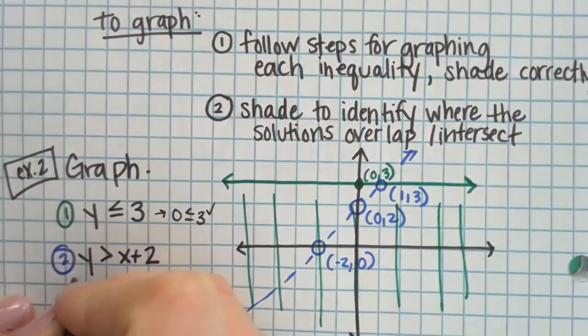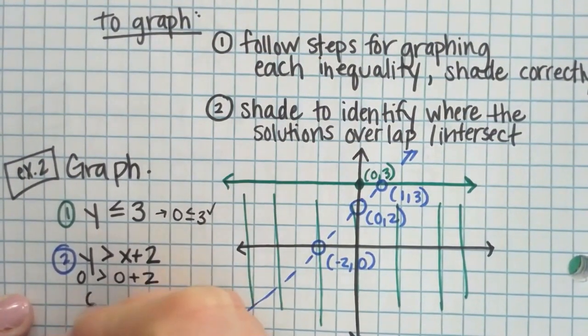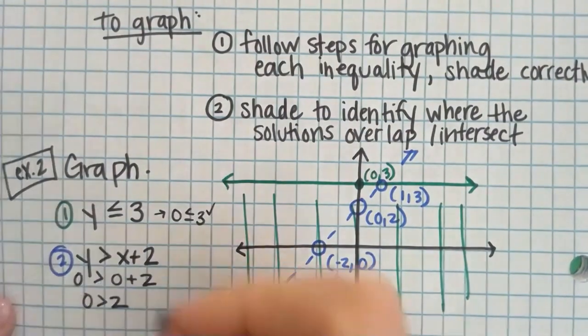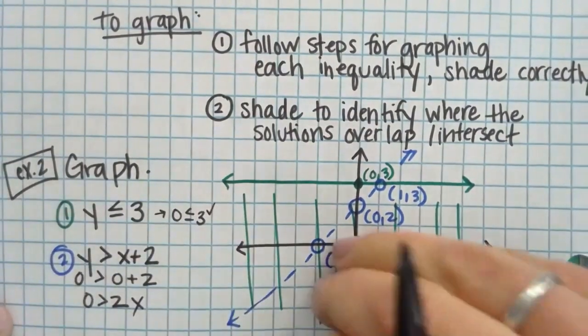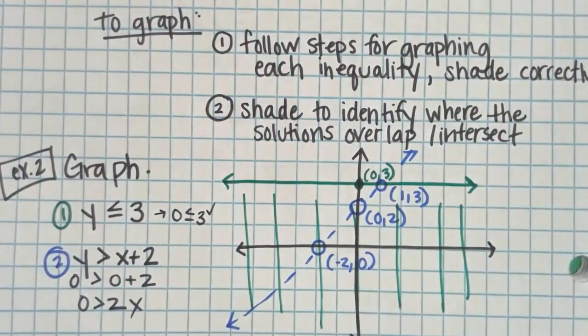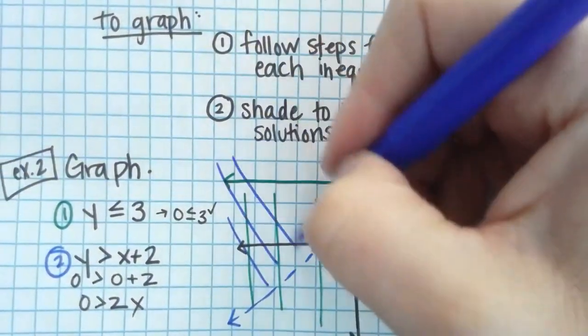So let's plug in 0, 0. So 0 is greater than 0 plus 2. 0 is greater than 2. Is that true? No. Which means I will not shade this side because the origin is not a solution. Instead, I'm going to shade this side.